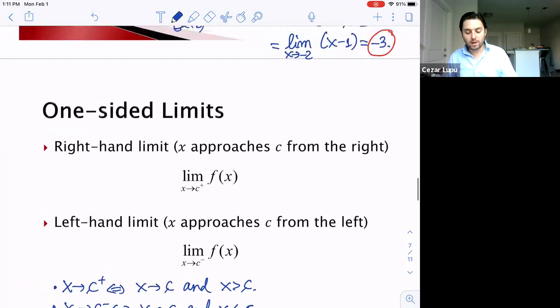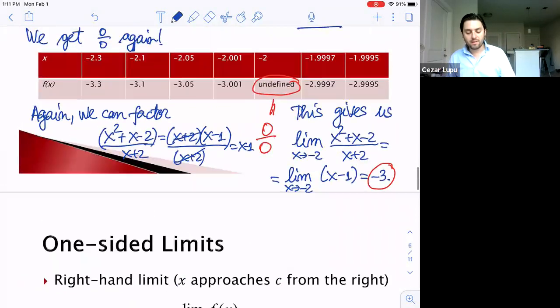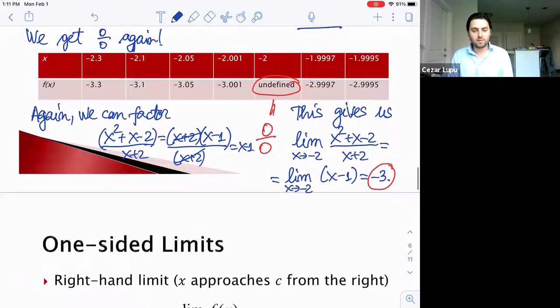And now, if I want to go back to the previous example, you will see that this is illustrated perfectly. When I say the right-hand limit, I will talk about the values which are greater than -2, in other words, values such as -1.9997 or -1.995.